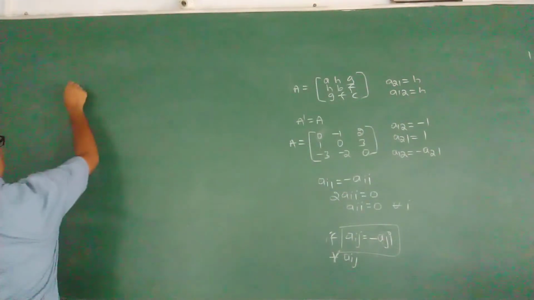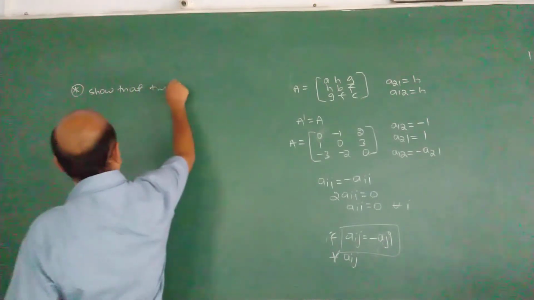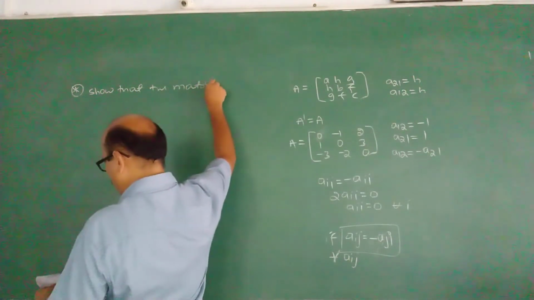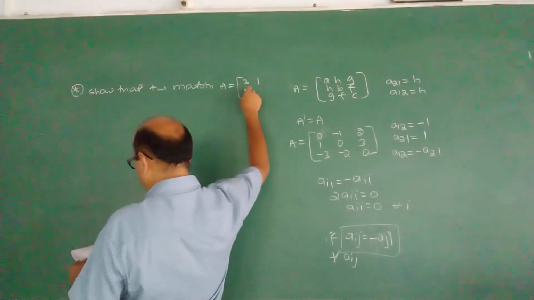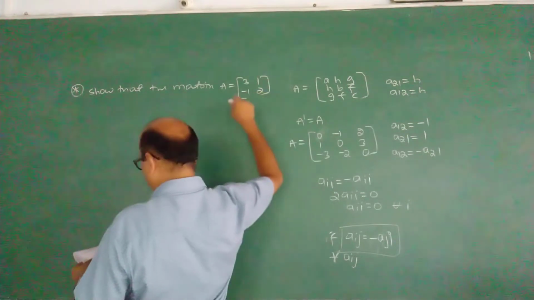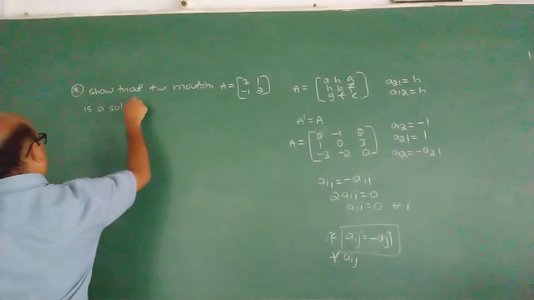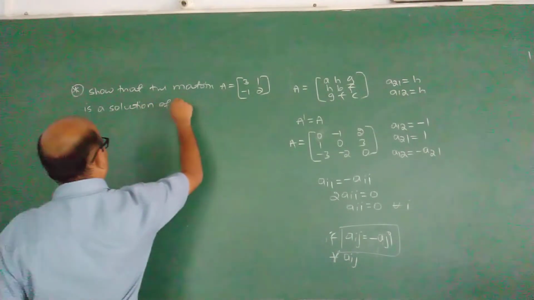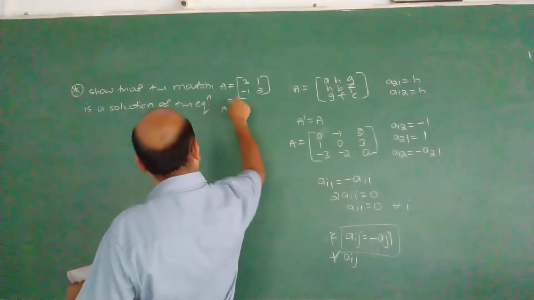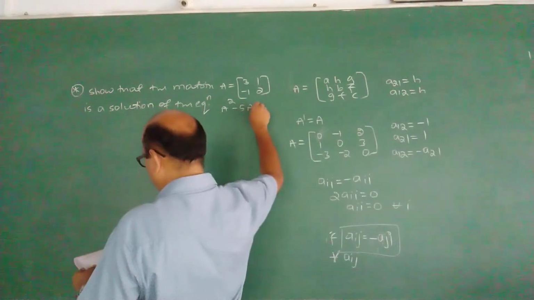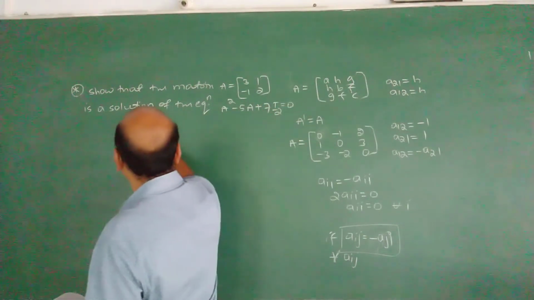Now this example: show that the matrix A equal to 3 1, minus 1 2 is a solution of the equation A square minus 5A plus 7I2 is equal to 0.